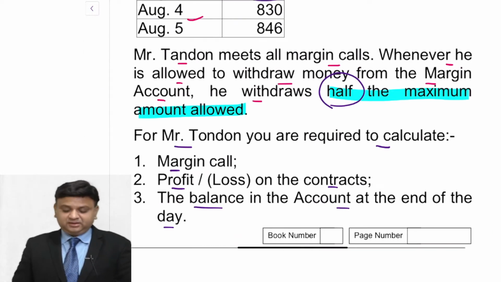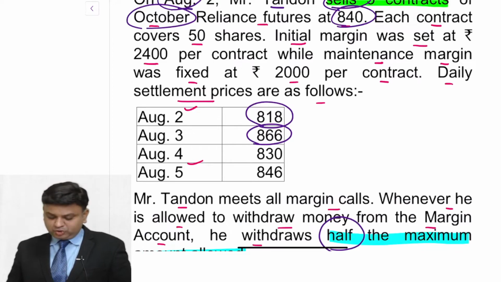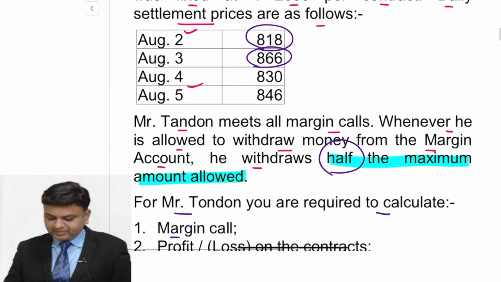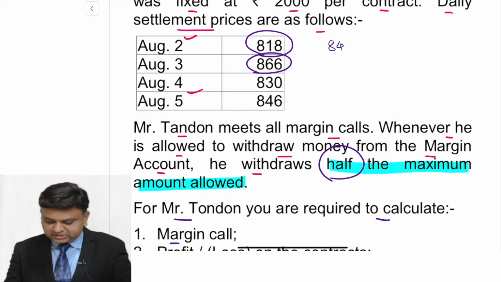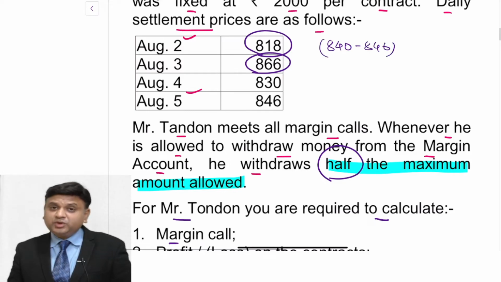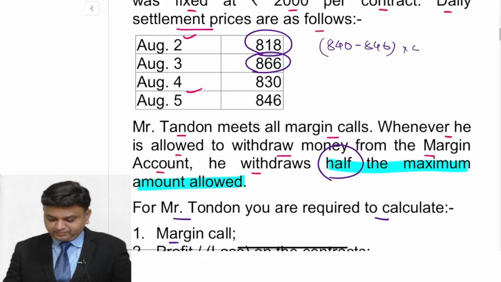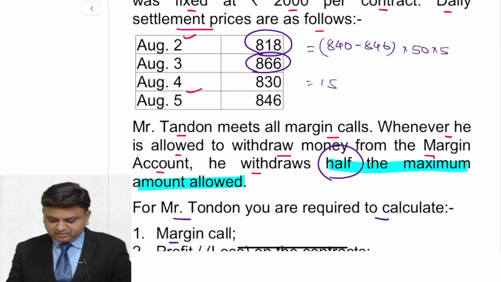This time we can say that, suppose on 5th of August at the closing price you square off the transaction, then in that case 840 was the price at which you have a contract to sell, 846 is the price at which you square off the contract, so you buy the underlying asset, into 50 into 5, so 840 minus 846, 6 rupees into 50 into 5, that comes to an amount of 1500.